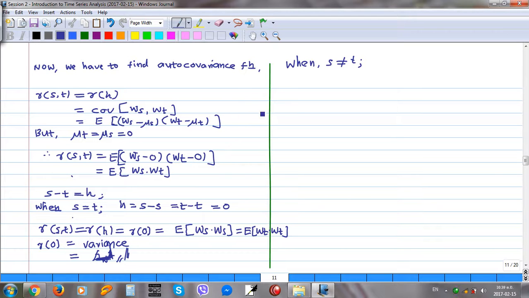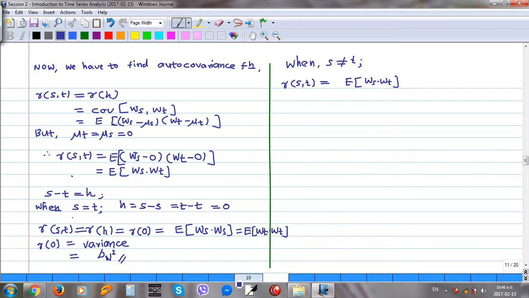Again the same thing, gamma s comma t, same equation, then gamma h. Now s not equal t, then E of w s w t.